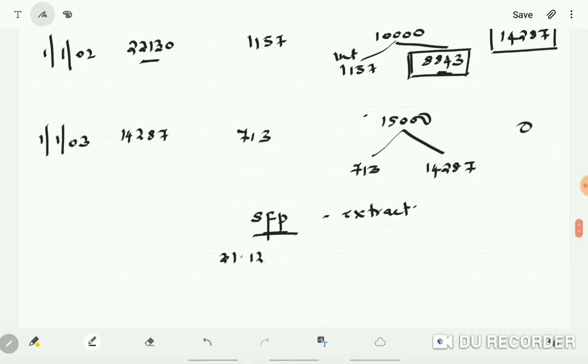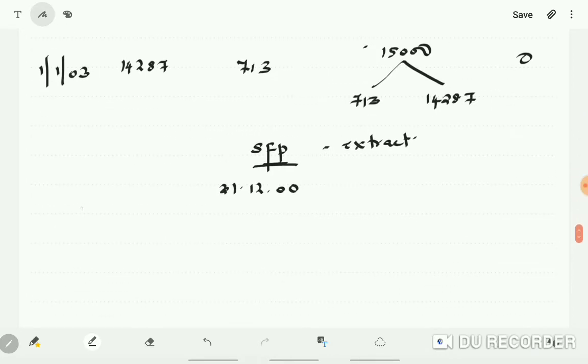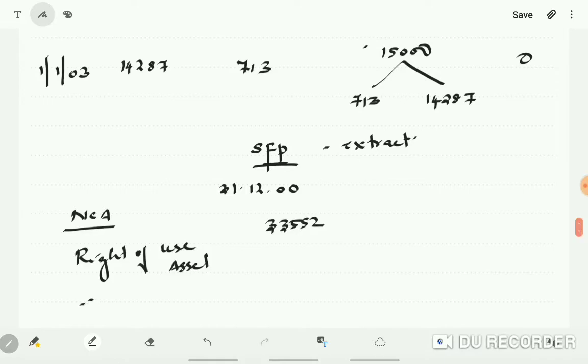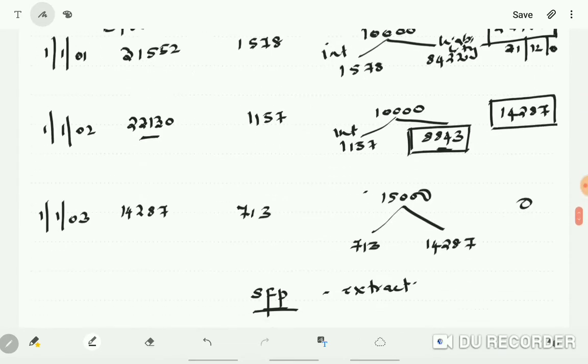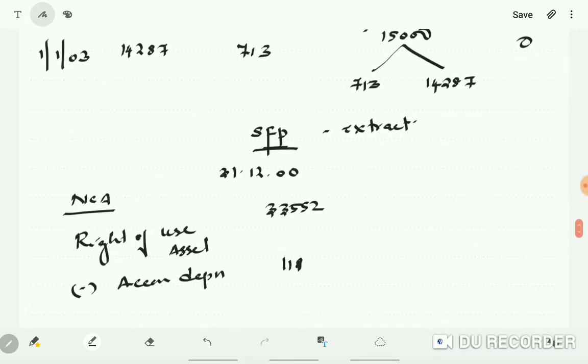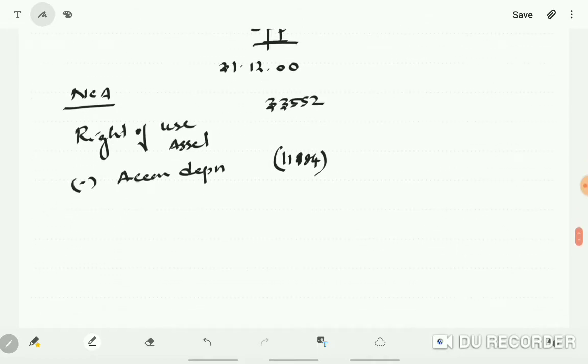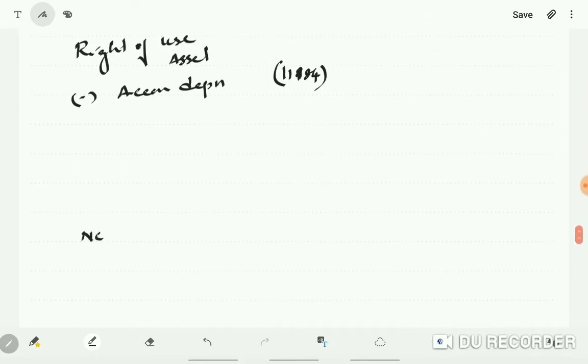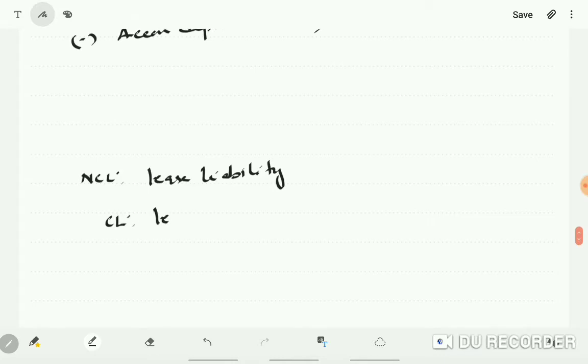31st December 2000. First I'll finish the asset. Under non-current assets, we will have the right of use asset, which is 33,552 minus accumulated depreciation of 11,184 for the first year. Next, liability. Under non-current liability there is lease liability, and also under current liability.